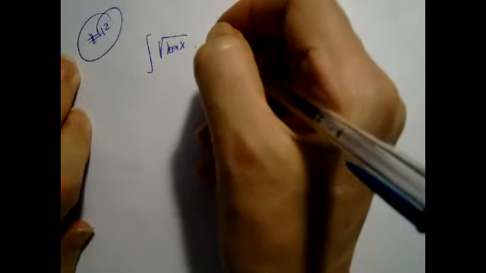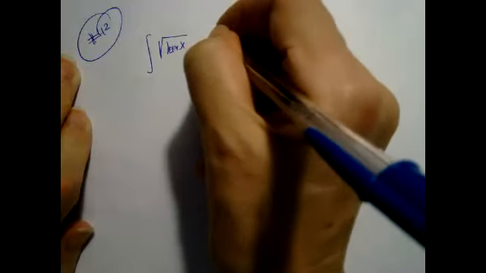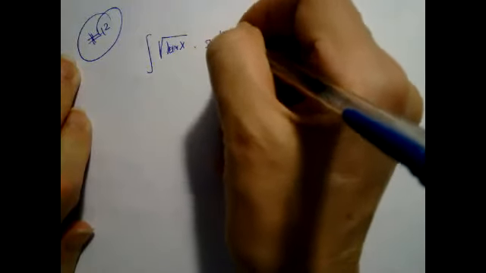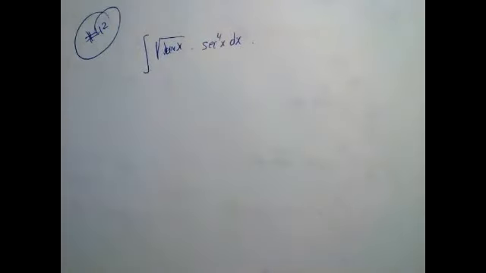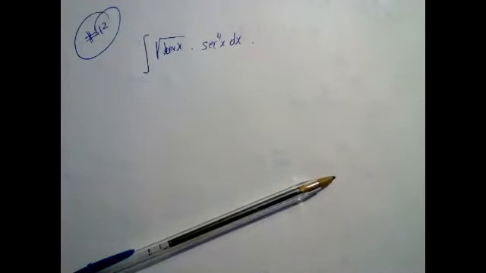Now number 42 and 46. 42 is the integral of the square root of tangent times secant to the fourth. All right, get going. What do you want to do?